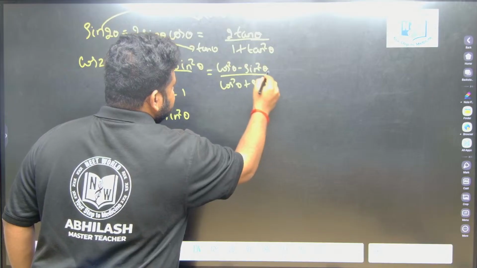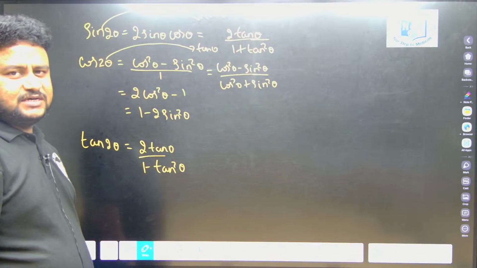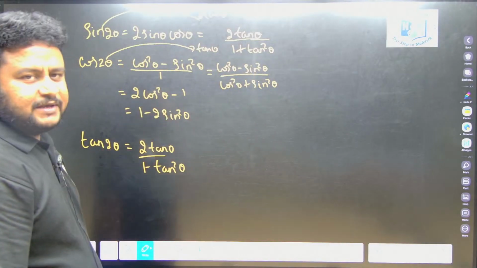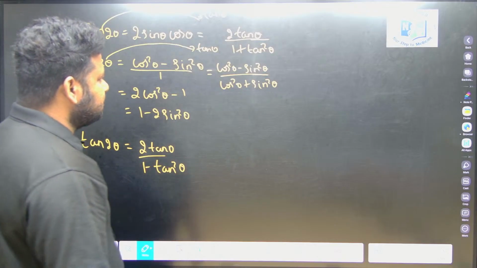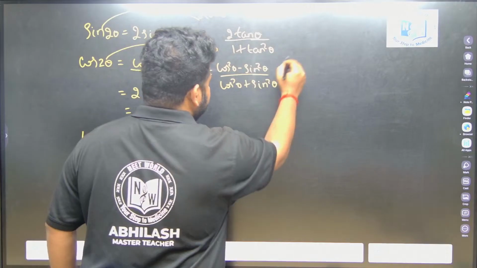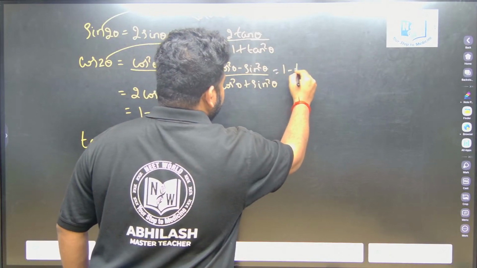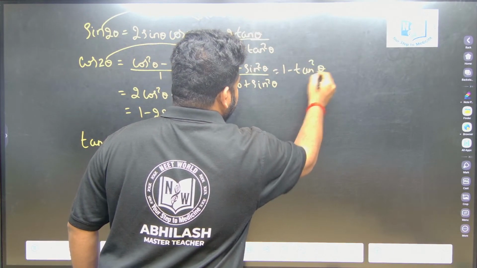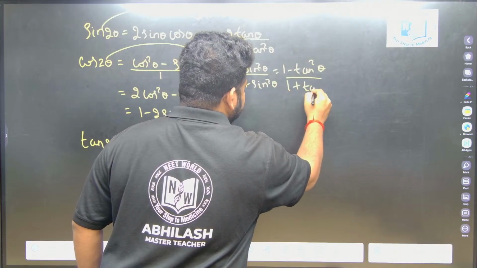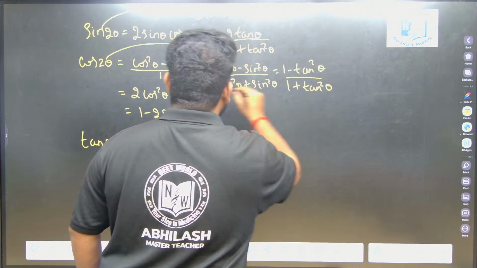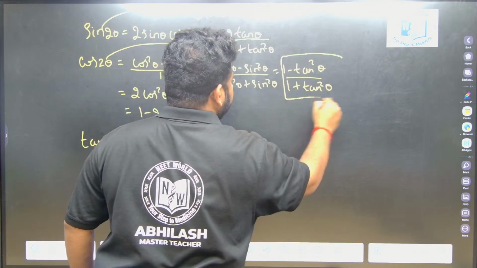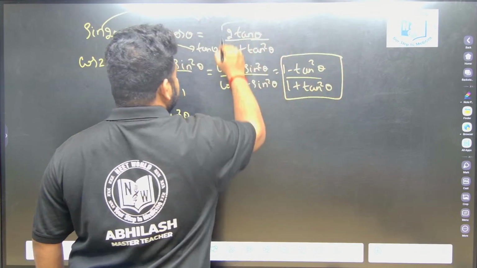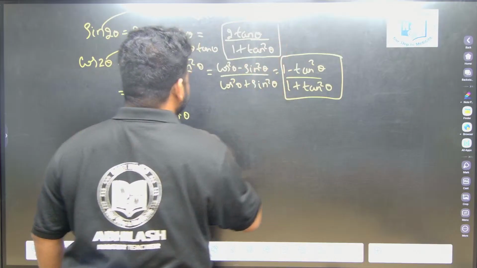Like in the previous question we solved, cos 12 degree minus sin 12 degree, where I told you to divide by cos, here divide by cos square. This will give us 1 minus tan square theta by 1 plus tan square theta. This is the result you have to remember. So cos 2 theta can be written as 1 minus tan square theta by 1 plus tan square theta, and sin 2 theta as 2 tan theta by 1 plus tan square theta.